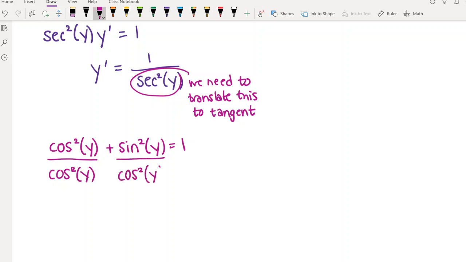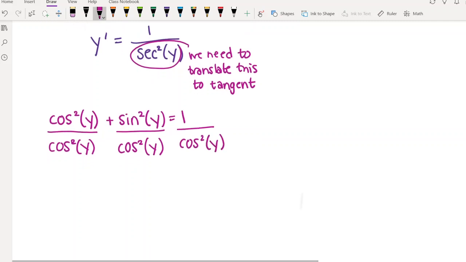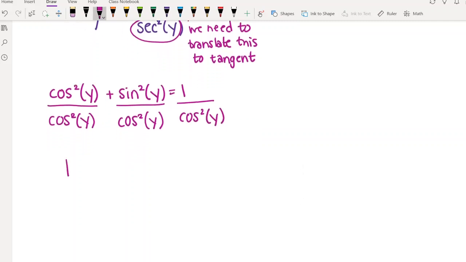We're just doing the same thing to both sides of an equation. That gives us 1 plus tangent squared of y is equal to secant squared of y. So that's another Pythagorean identity. But you don't really have to memorize that as its own thing, because if you know cosine squared plus sine squared equals 1, you can always derive it yourself.